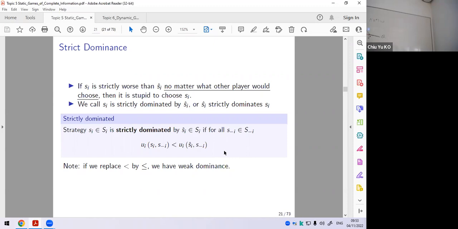So this one is dominated, and this one dominates it. If you are rational, then you should never choose S.